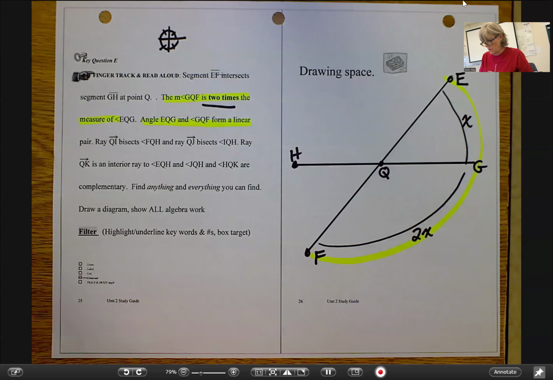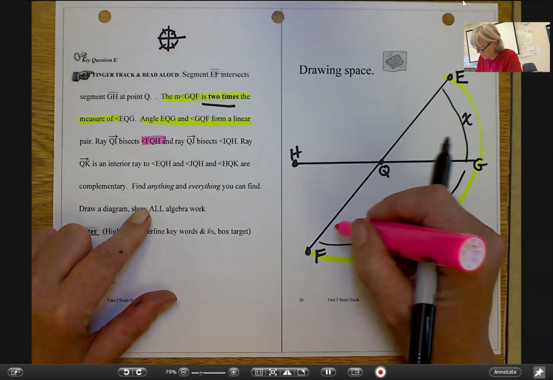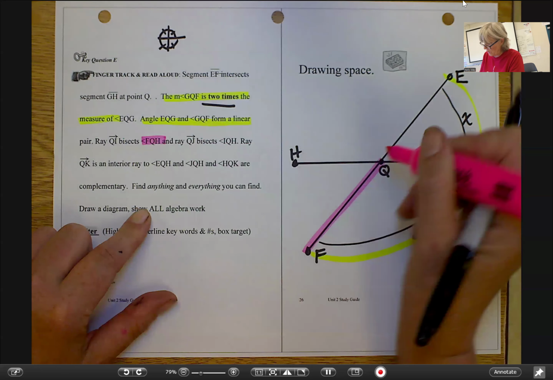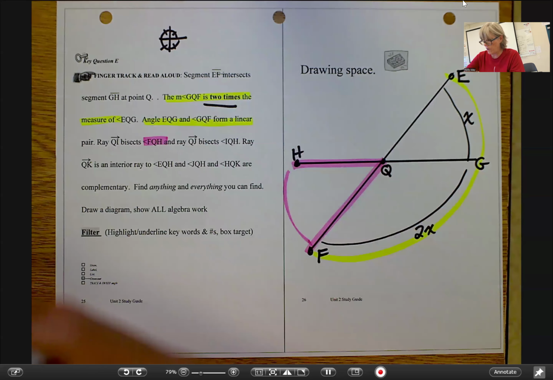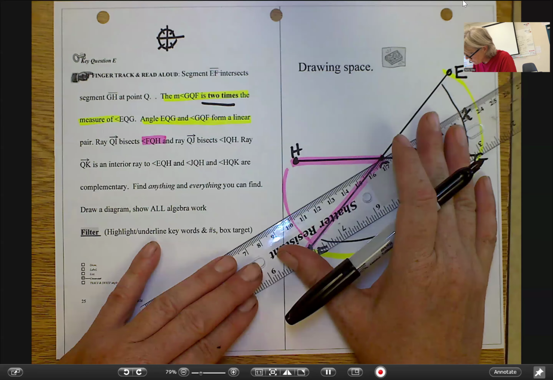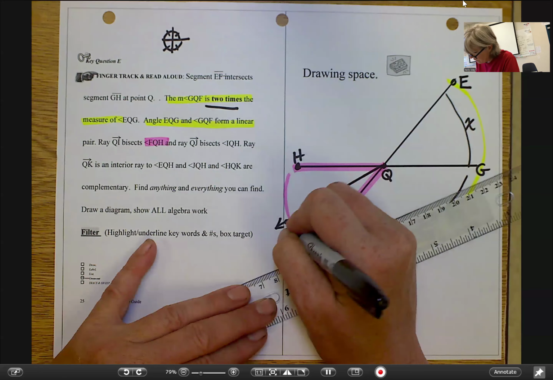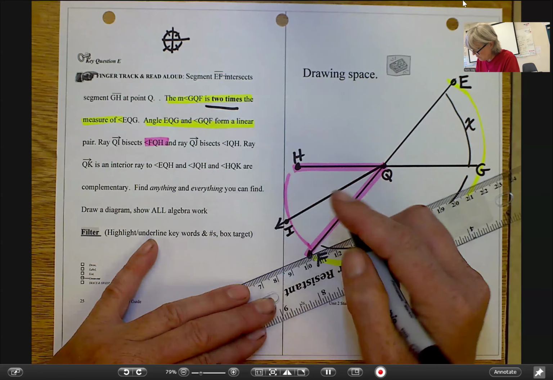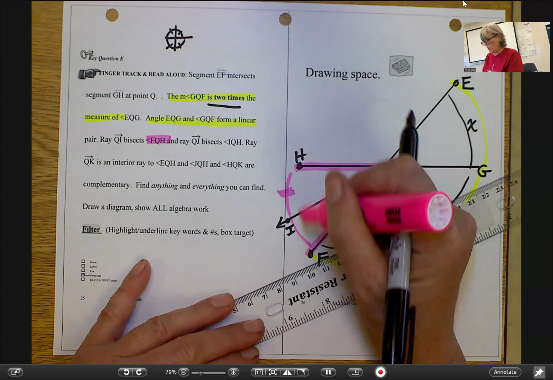It says that QI bisects FQH. So here's F, QH. QI is going to cut that in half. So we want to draw it to scale. So QI, which means these are equal.